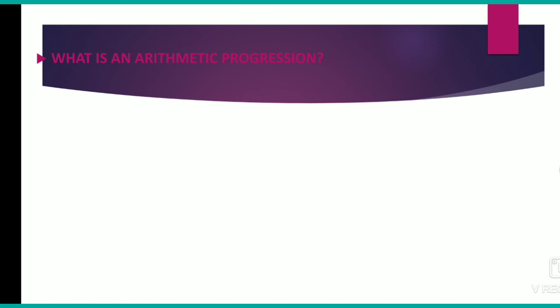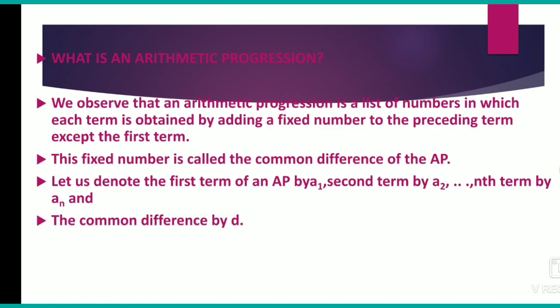So now let us see what is an arithmetic progression. Now we observe the arithmetic progression is a list of numbers in which each term is obtained by adding a fixed number to the preceding term except the first term.